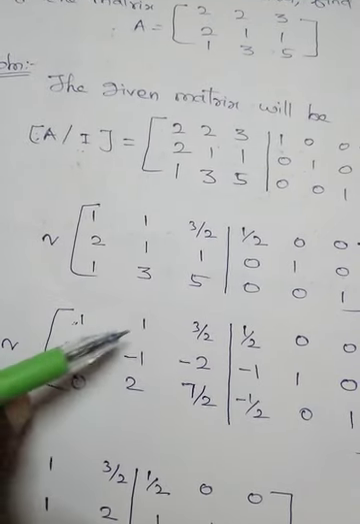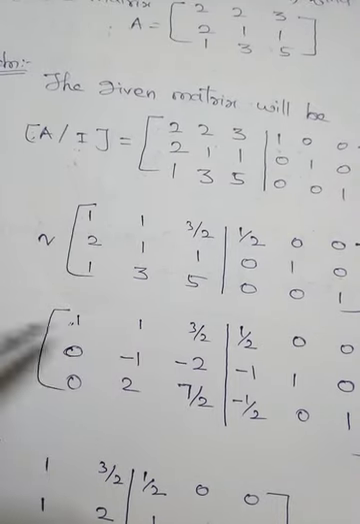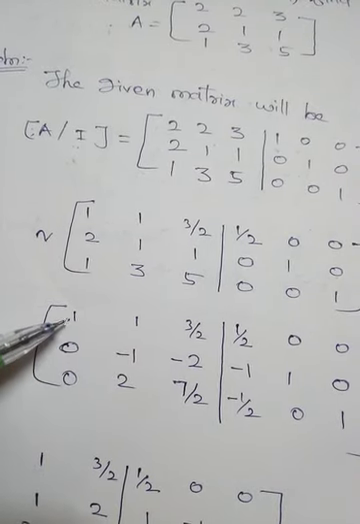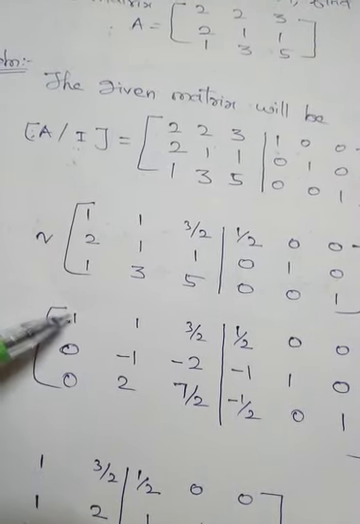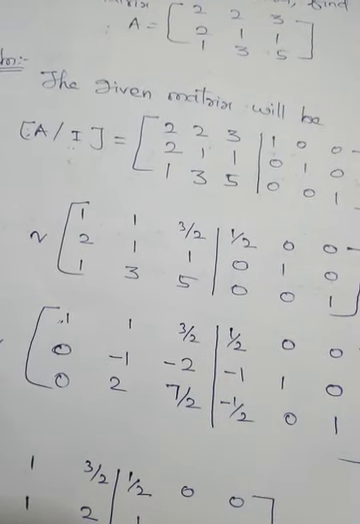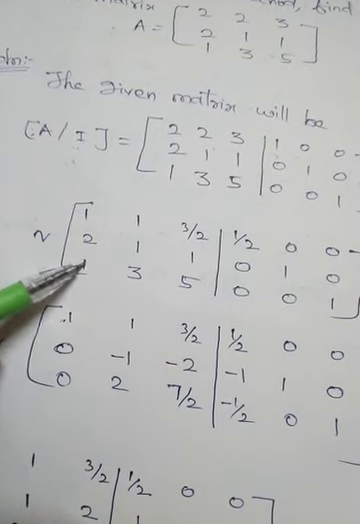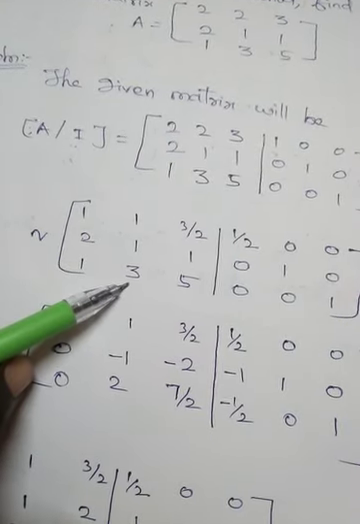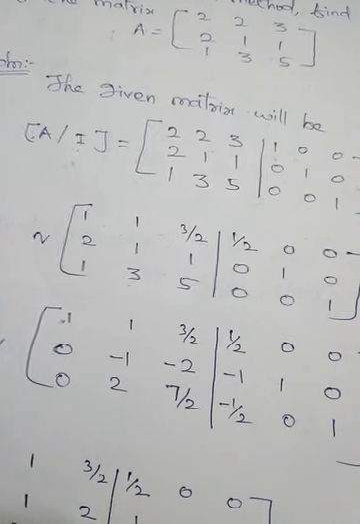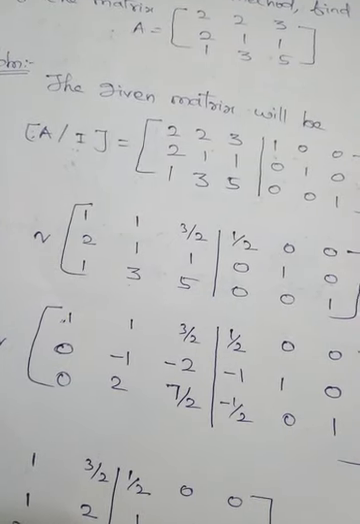We are going to modify the other places. We can modify those, but this place we cannot modify because the identity starts with 1, and here the value 1 already exists. So don't change it, please remember. We can change this 2, this 1, this 3. They will become 0 only, because in the upper and lower triangular form, only the diagonal has 1 1 1.